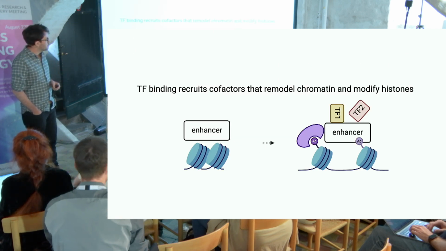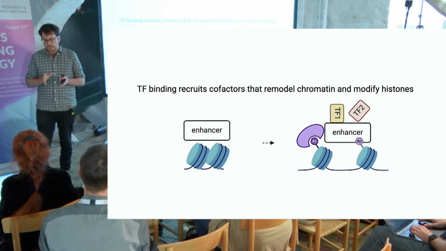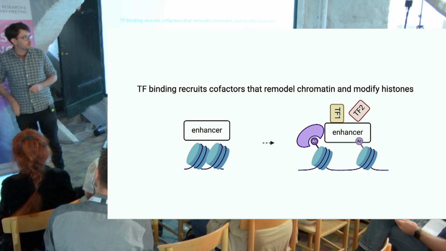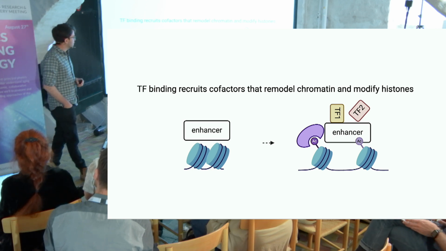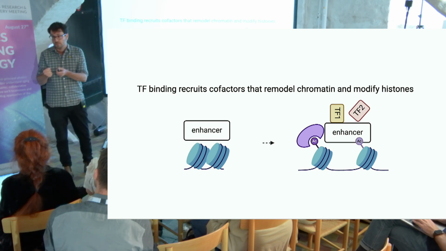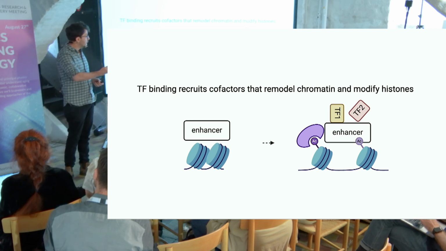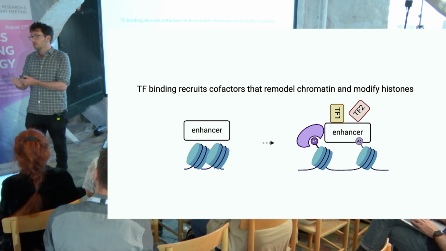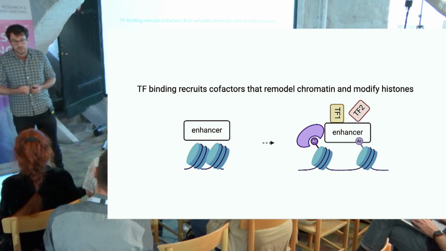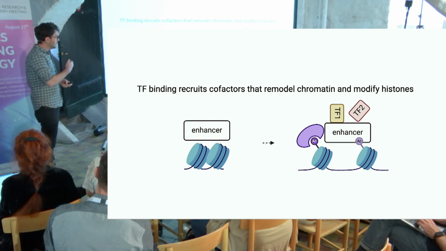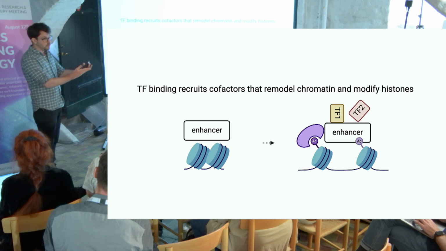So what we're going to do is translate this network image into a dynamical system. For this, we're going to think about the basic process that underpins this network, which is that the binding of transcription factors to enhancers causes the recruitment of cofactors, and these cofactors modulate the chromatin of the enhancer, thus increasing its rate of transcription initiation.